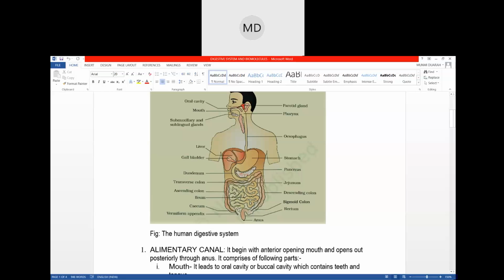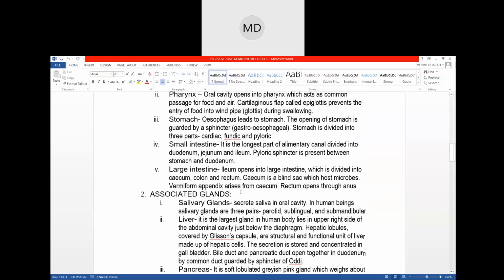Okay, like the stomach, the small intestine is also divided into three parts, that is duodenum, jejunum, and ileum.